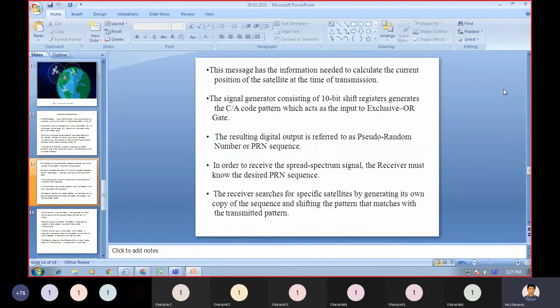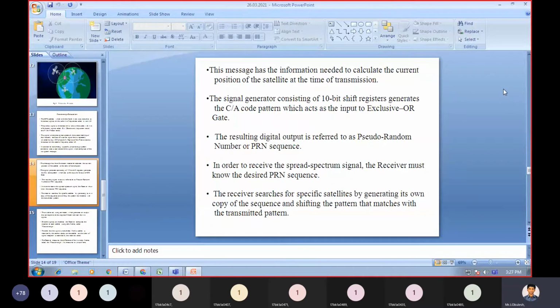The resulting digital output is referred to as the pseudo random noise sequence.